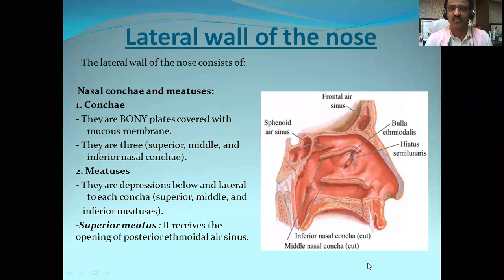Conchae means bony projections or bony plates which are covered with mucous membrane. One is a concha, and there are three of them. So 1, 2, 3 means superior nasal concha, middle nasal concha, and inferior nasal concha. Remember, they are not cartilages, they are bony projections or bony plates, shelf-like.